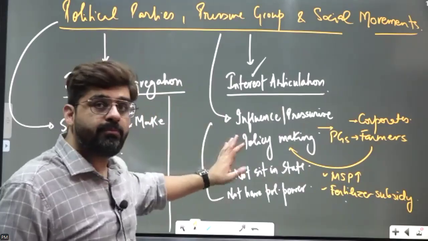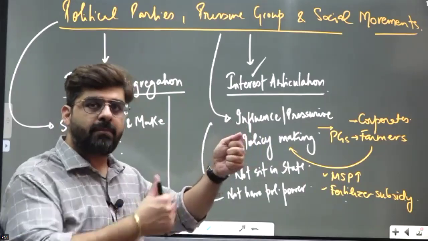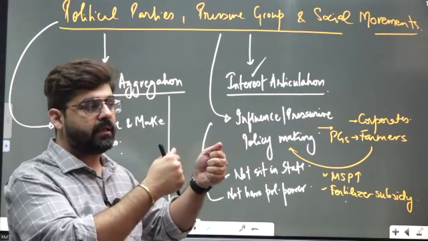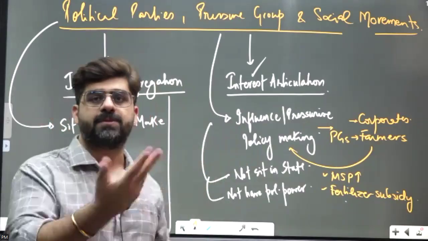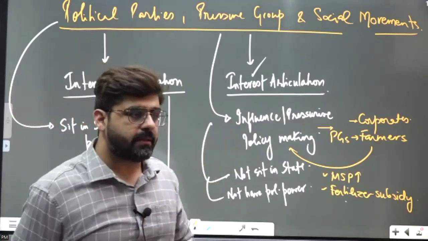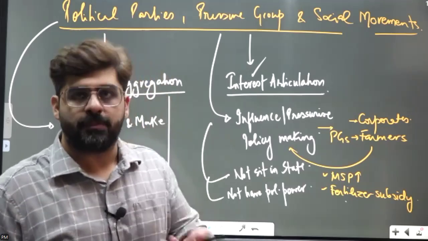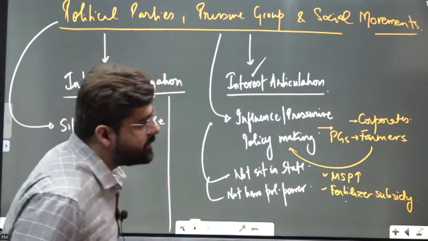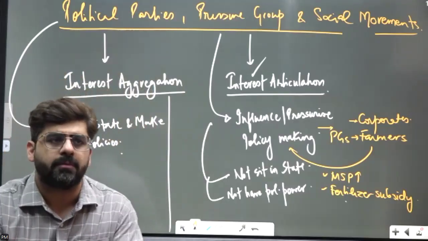A pressure group may be attached to a political party. For example, BJP may have some pressure group which will help BJP. RSS is that pressure group which helps BJP. Similarly, you can have student pressure groups. ABVP is associated with BJP. Similarly, you can have them for Congress or for any other party, not a problem.